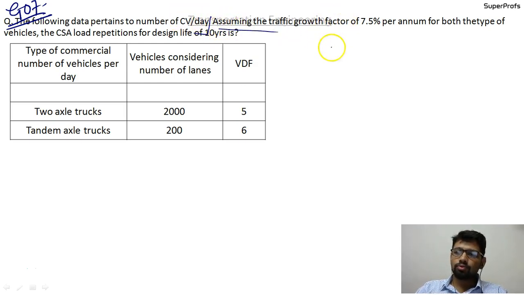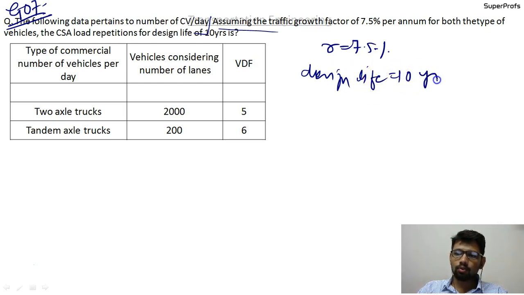Assuming the traffic growth factor R equal to 7.5% per annum for both types of vehicles, the CSA load repetitions for the design life of 10 years is equal to what?